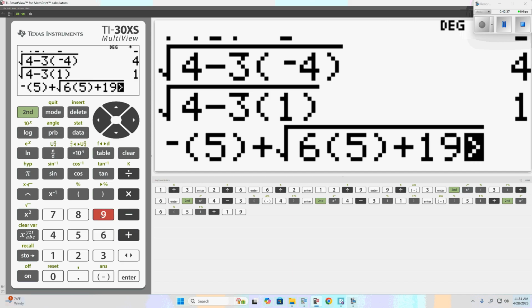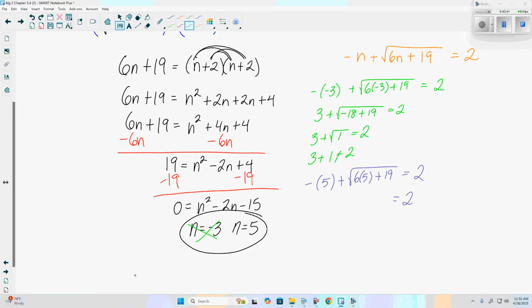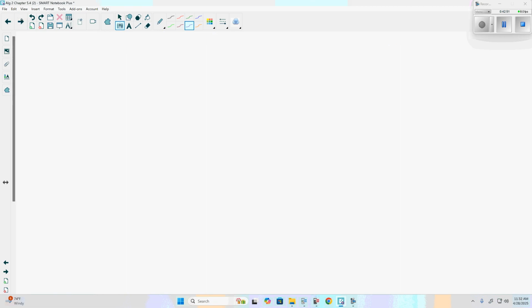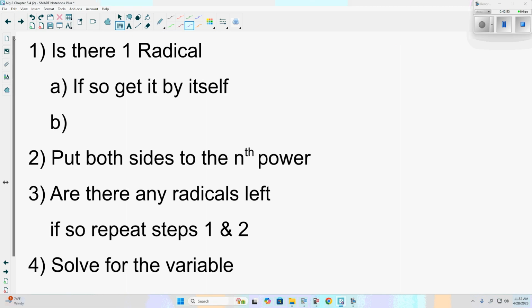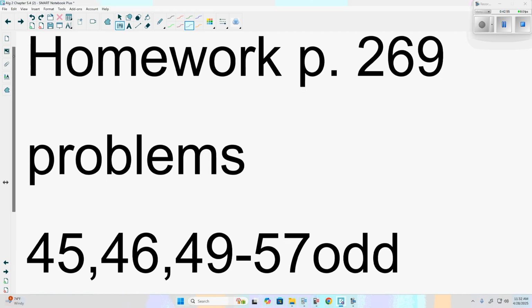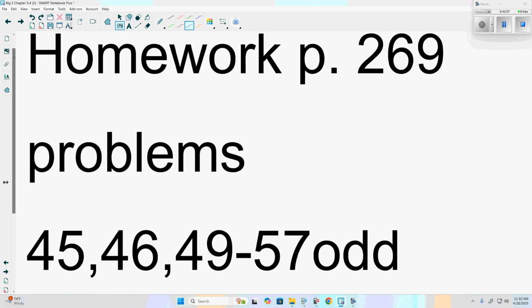We can type the whole thing in. It indeed tells us that 2 is equal to 2. So the only solution that worked here is n equals 5. And that's it.